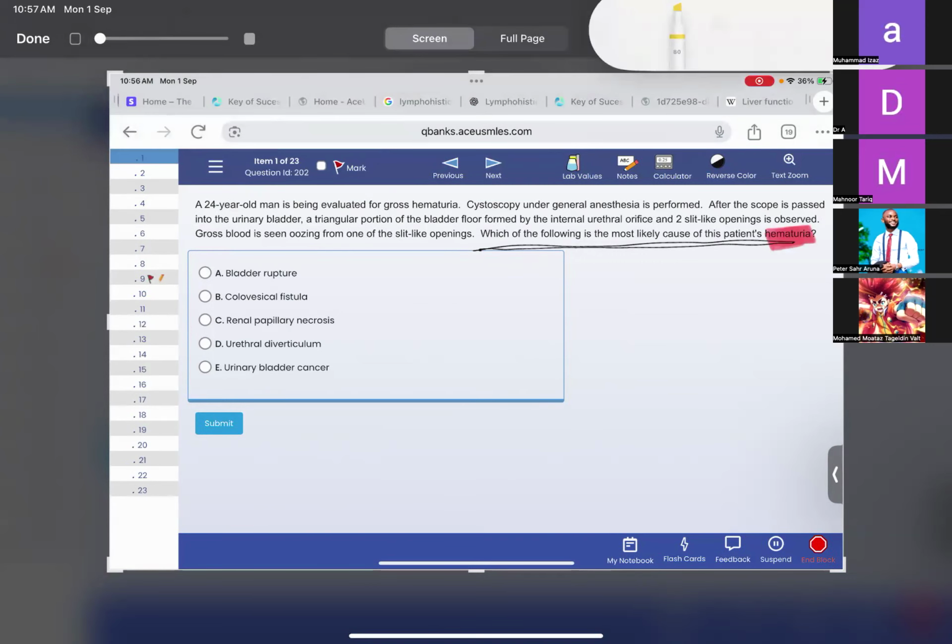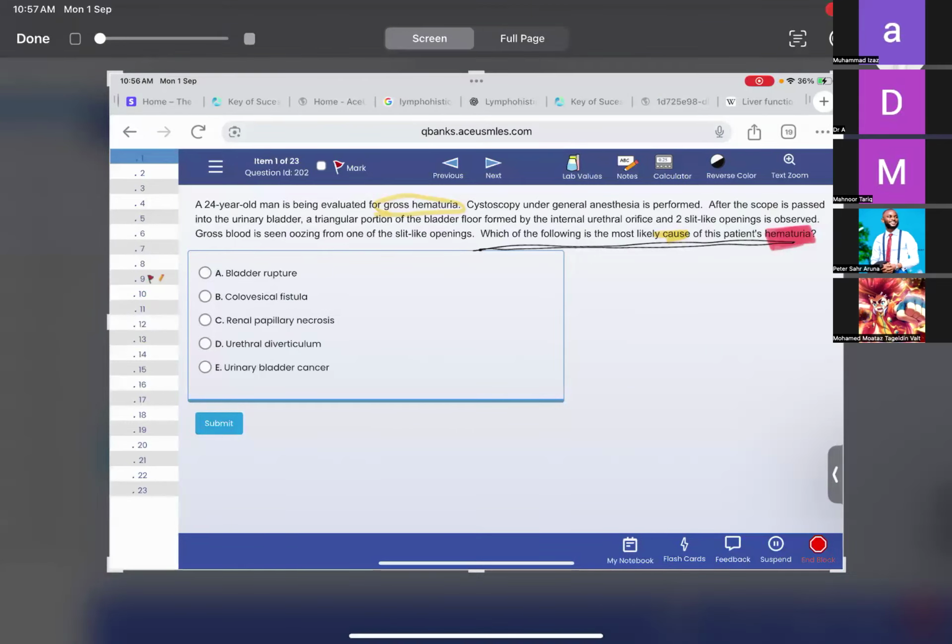Gross blood is seen oozing from one of the slit-like openings. Which of the following is the most likely cause of this patient's hematuria? So they are asking about the cause of hematuria, right? Yes, sir.